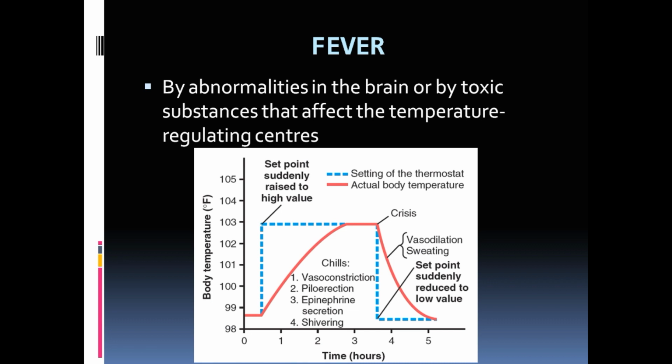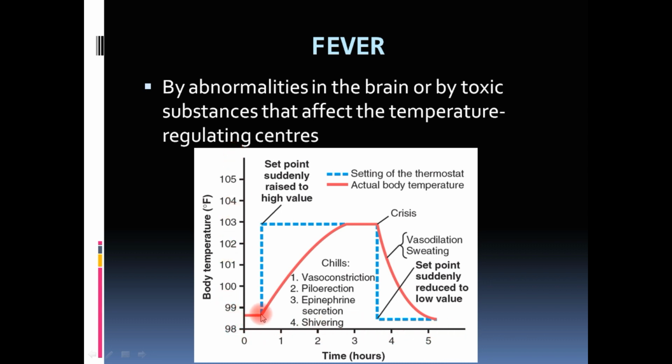Let us understand with the help of this diagram how the fever is caused. The blue line shows the setting of the thermostat, and the red line tells us about the actual body temperature. Here we have time and body temperature.